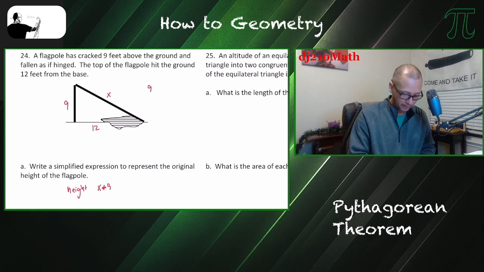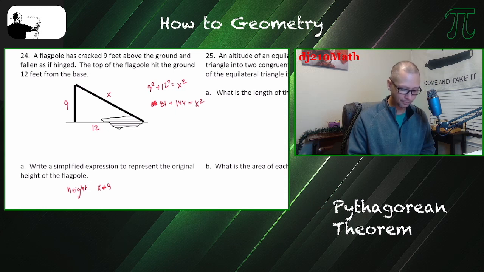This is going to be 9 squared plus 12 squared is equal to x squared. 81 plus 144 is equal to x squared. This is going to be 225 is equal to x squared.